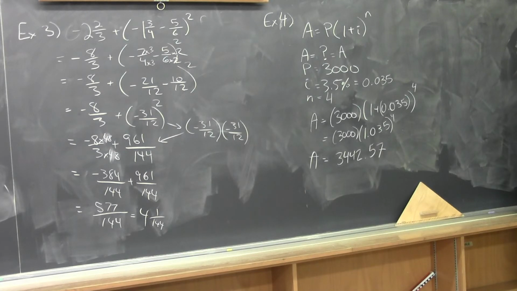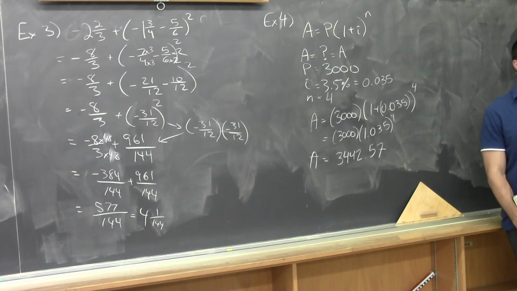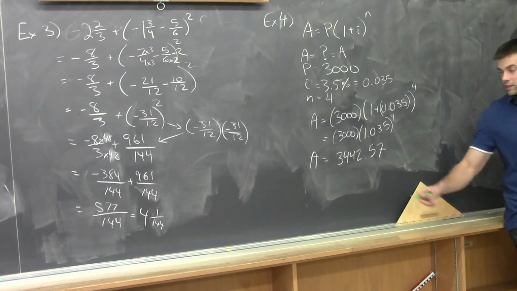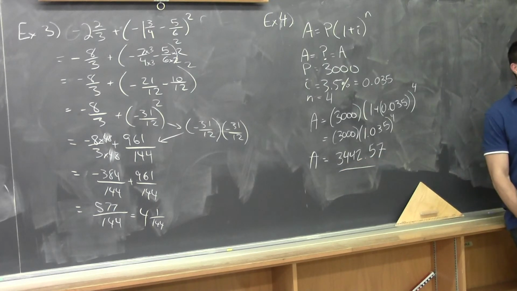How much is the investment worth in 4 years? Come on, guys. It's disappointing. $3,442. You going to the book? You can't see this? What am I doing up here? You didn't look in the book for that? It's right here, right? That's what we're doing, right? Come on, guys. Stay with me.